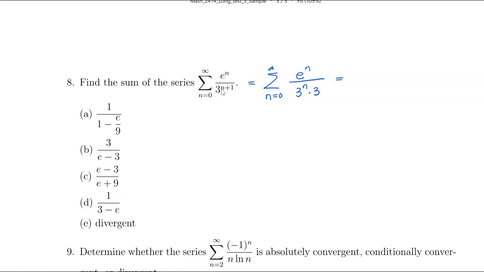Now, this will be 1/3 times the expression here, that is e over 3 quantity to the n. So now this is in the form summation of a times r to the n, which is a geometric series.